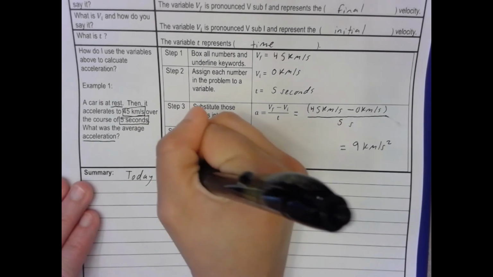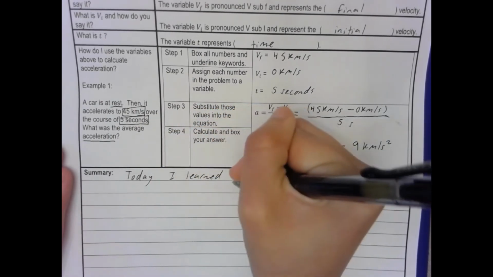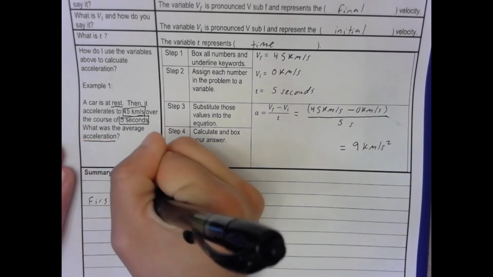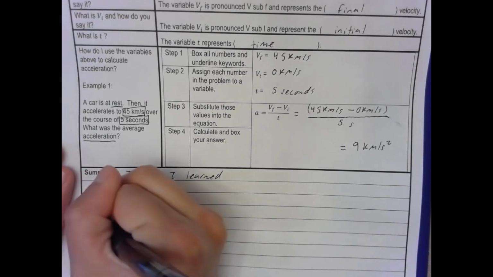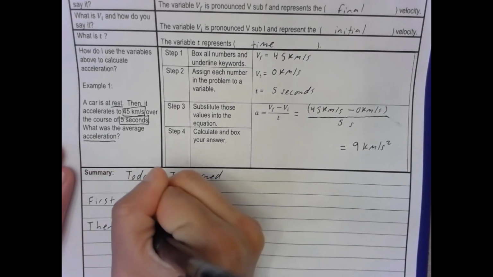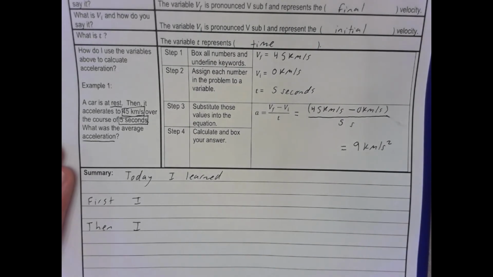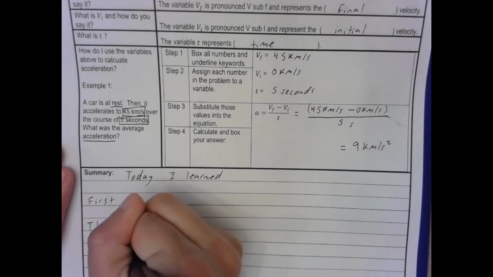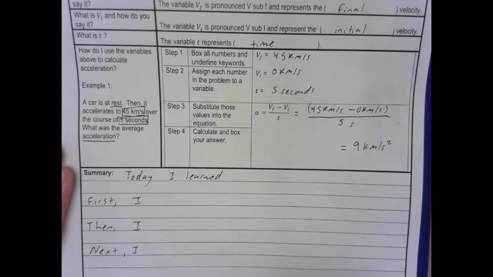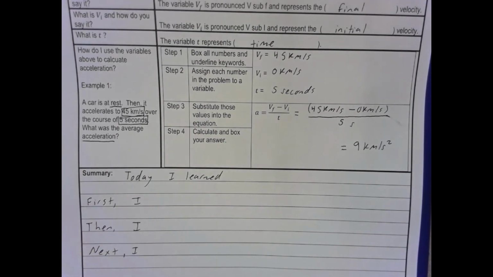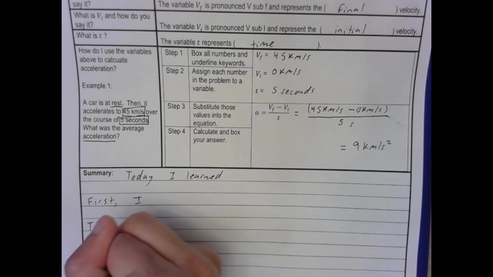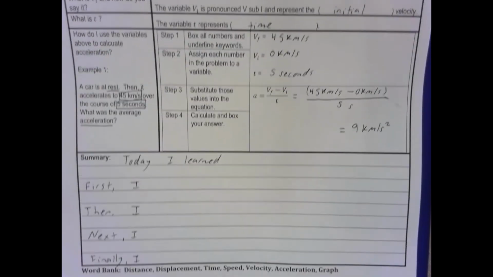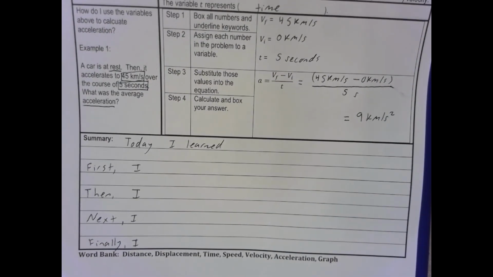Today I learned, and then you're going to say, first I, and then for your next sentence you're going to say, then I, and you can write next I, and then if you have one more step, you're going to write finally I, and you should be sure to include all of your steps in your notes.